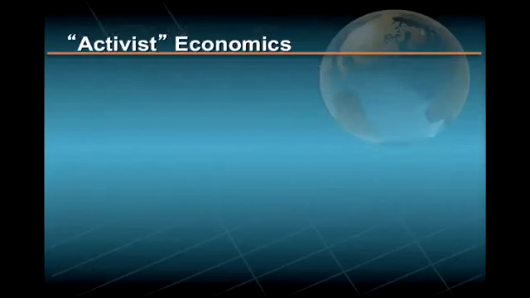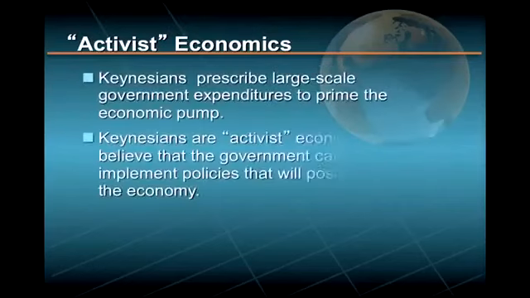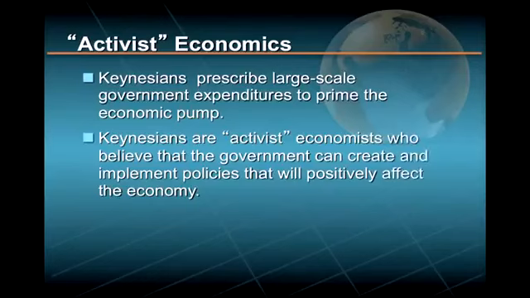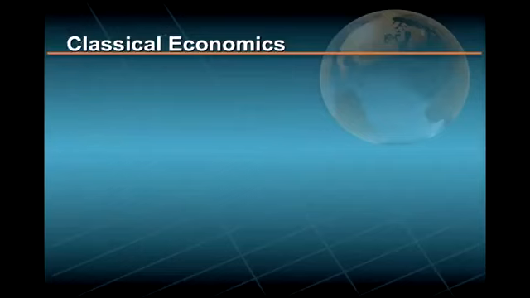On the other hand, the other school, the Keynesians, prescribes large-scale government expenditures to prime the economic pump. Keynesians typically are activist economists who believe that the government can create and implement policies that will positively affect the economy. To frame this debate, let's start with classical economics.